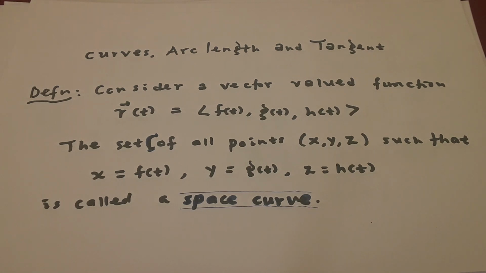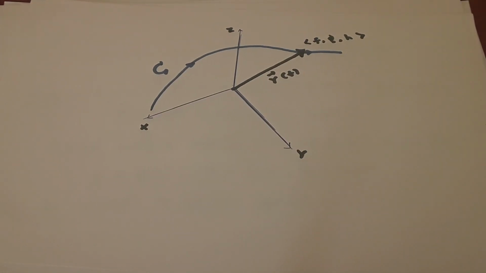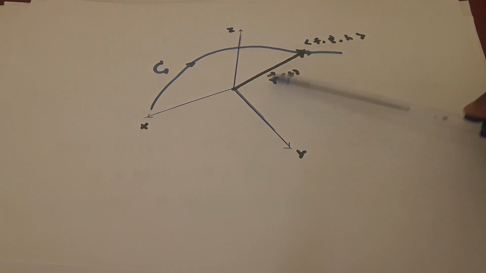If you think of the vector at the position (f, g, h) with its initial point at the origin, then the endpoints of r(t) trace out a curve in R3.